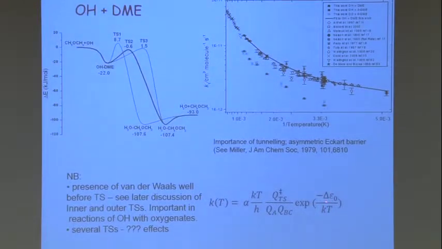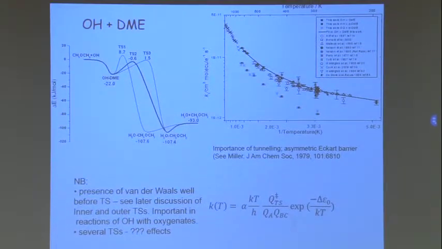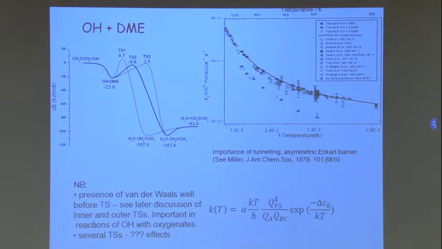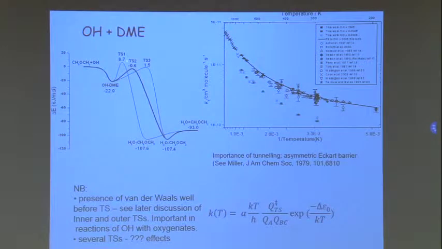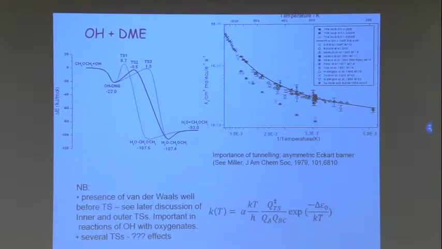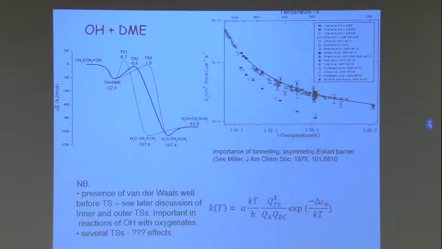This is the difference in energy between the reactants and the transition state. So if there were only this barrier, then that delta E naught there would be minus 0.6. So this is e to the minus the difference in zero-point energies over kT. And then we have a positive temperature dependence from there.